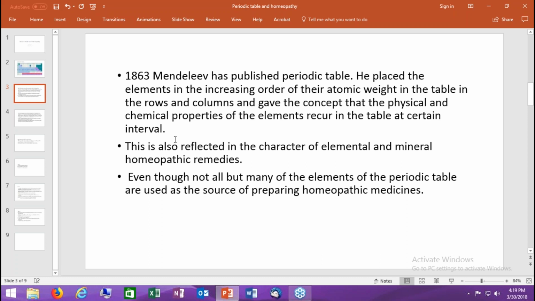These elements or minerals, when they undergo the process of potentization or dynamization, can be converted into homeopathic remedies. However, these are not very commonly used ones because it needs a deeper understanding about the properties of the elements and minerals, as well as the symptomatology of the case in depth.